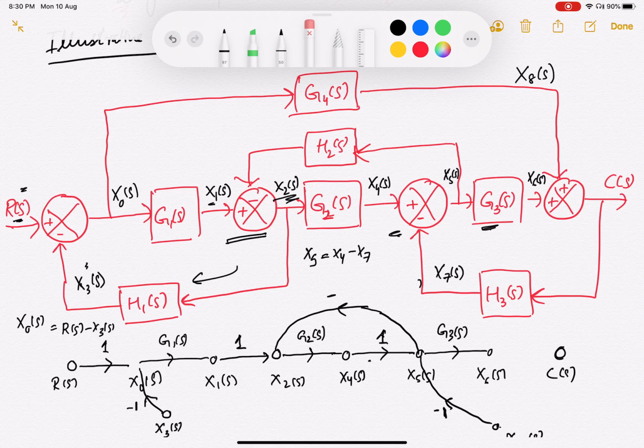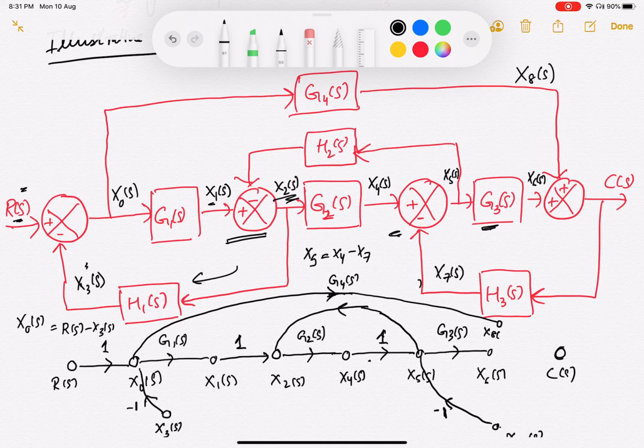So from here you have a branch going like this, right? You are multiplying this with G4S, and then this becomes X8, and that X8 gets added to X6 to give you CS.